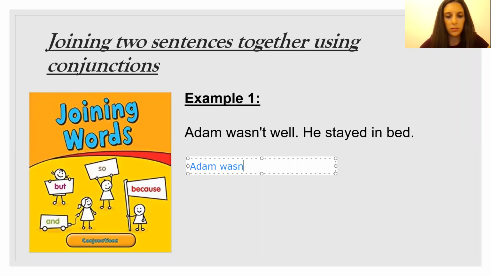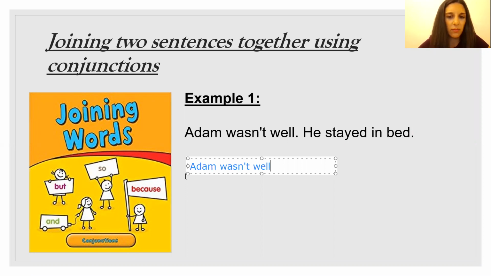Adam wasn't well, and he stayed in bed. Adam wasn't well, but he stayed in bed. That doesn't sound quite right. Adam wasn't well, so he stayed in bed. Yeah, I think that makes some sense. Adam wasn't well because he stayed in bed. That doesn't make sense.